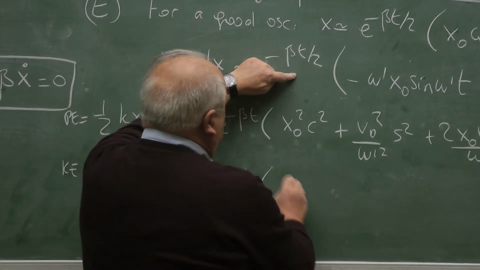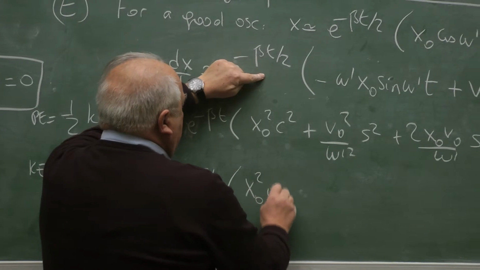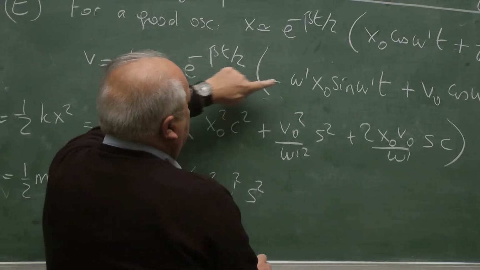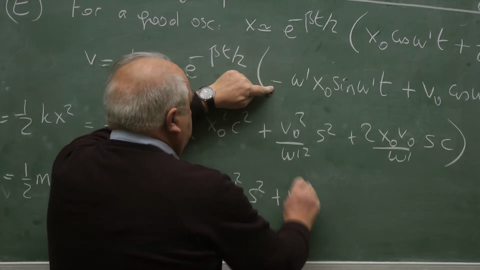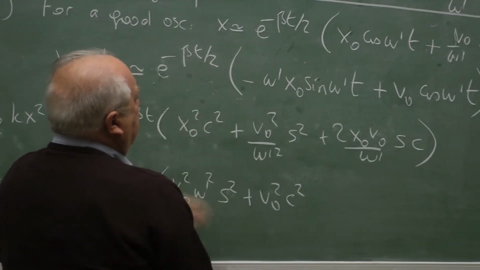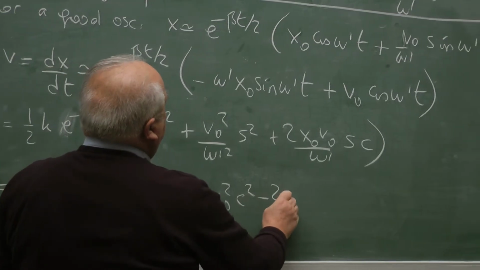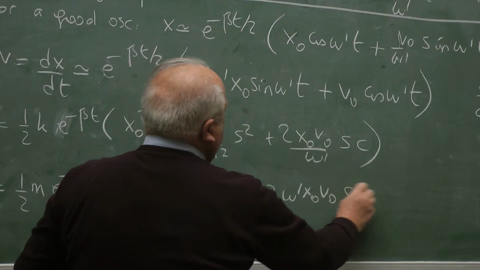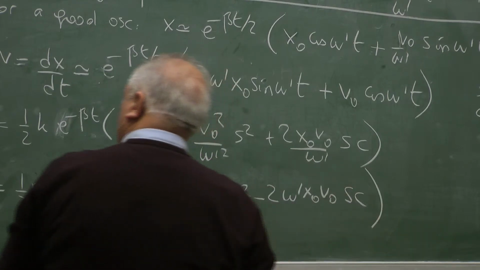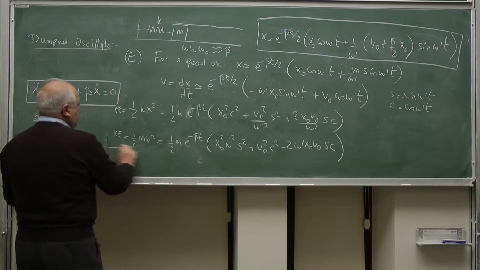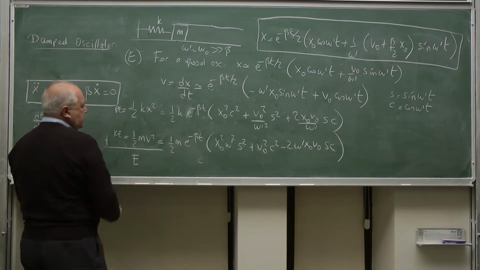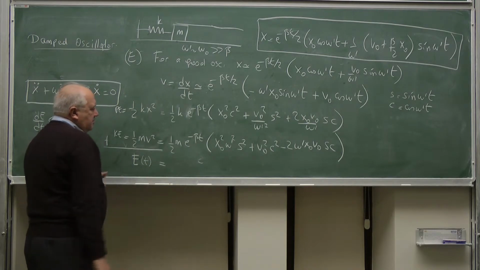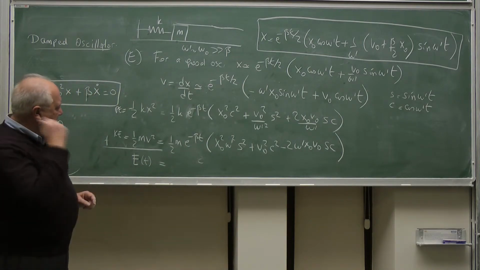Let's take the square now: x0 squared omega prime squared s squared, plus v0 squared c squared, minus 2 omega prime x0 v0 sc. Okay, now we add them up. This is the total energy. Now this energy depends on time, and we shall find out how it depends on time.